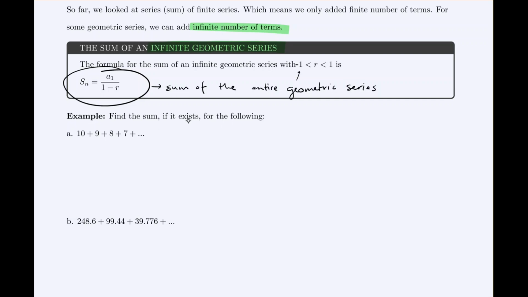So it says find the sum if it exists for the following. The reason it says if it exists is because if r is greater than 1, it does not exist. It's an infinitely large sum. So we first have to make sure, is r less than 1 and greater than -1? So between -1 and 1.